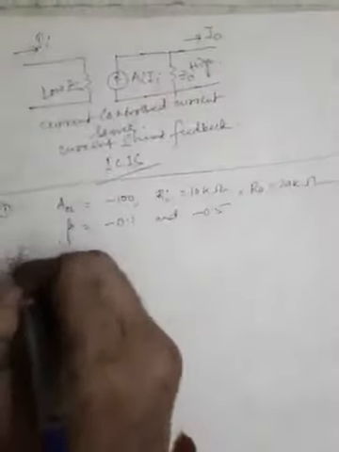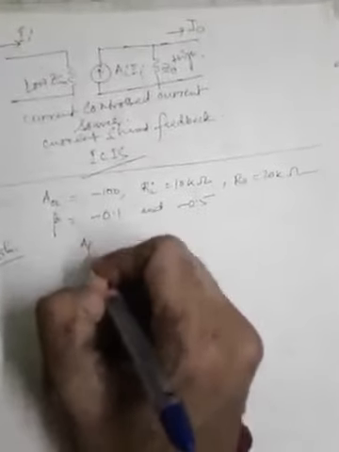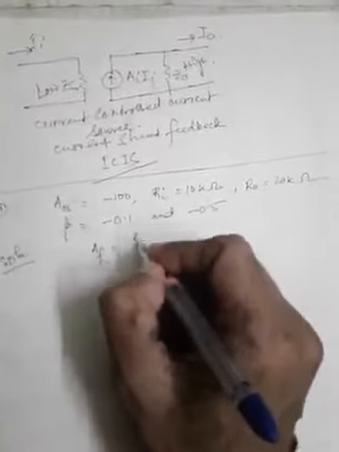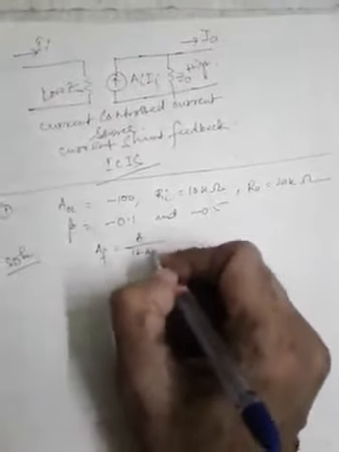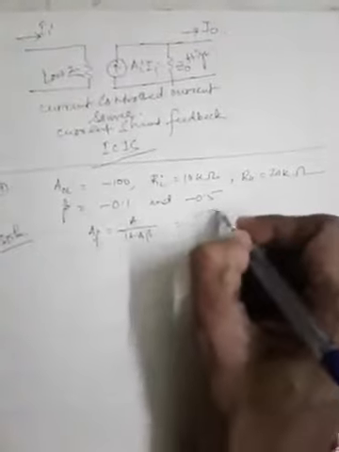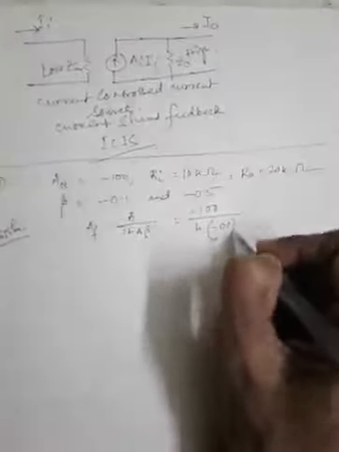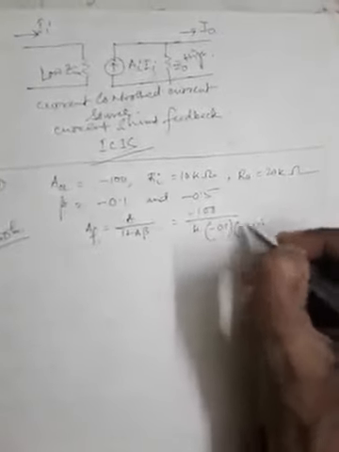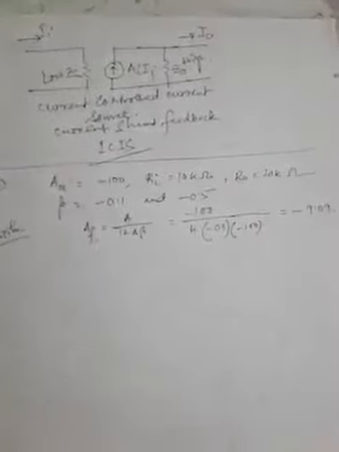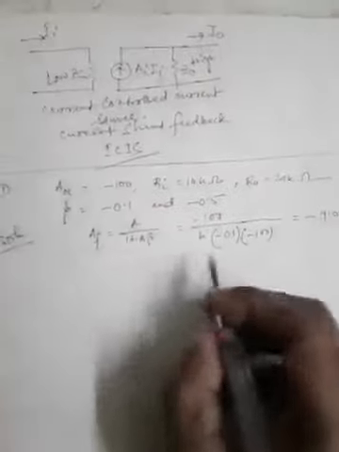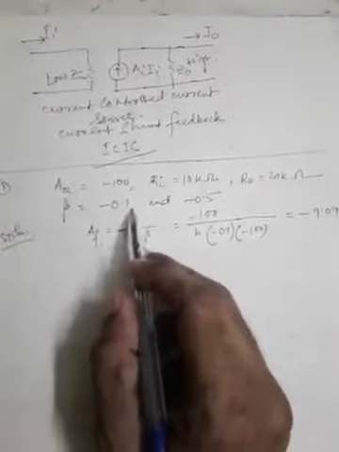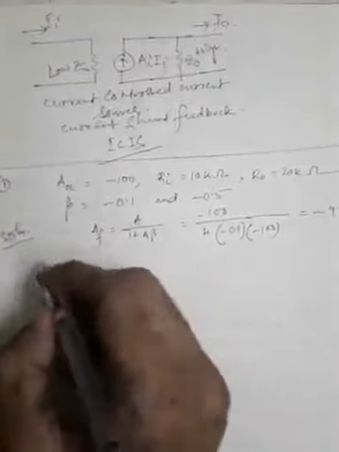We know the solution: gain with feedback AF is given by A by 1 plus A beta, where A means AOL. Now if we put in the values, we should get minus 9.09. This is the gain after feedback when beta is minus 0.1 and AOL is minus 100.